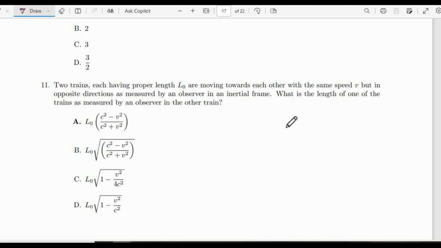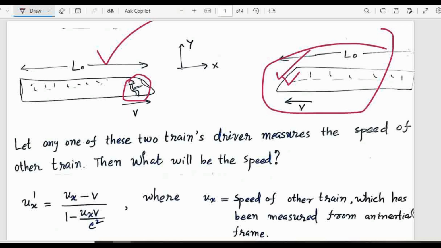That means what is the length of the other train as measured by the opposite train, as they are moving opposite to each other. Let's suppose the right train wants to measure the left train's length. So what will be the length that we have to calculate.